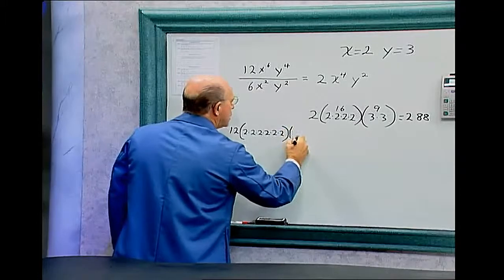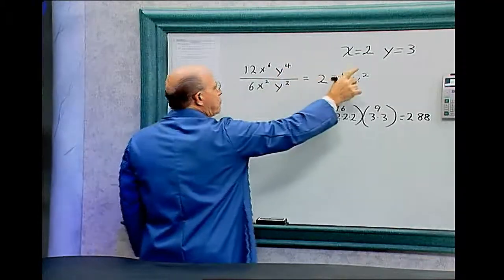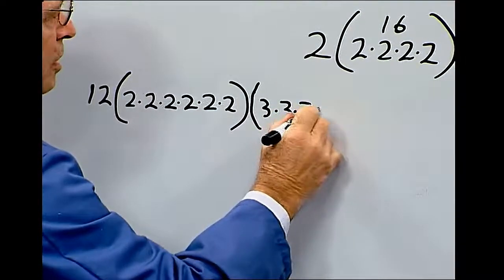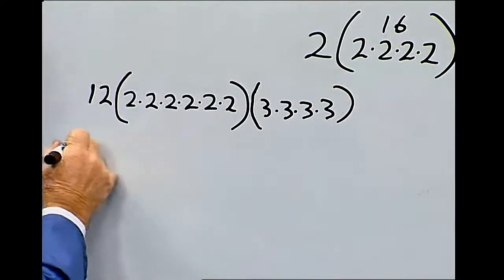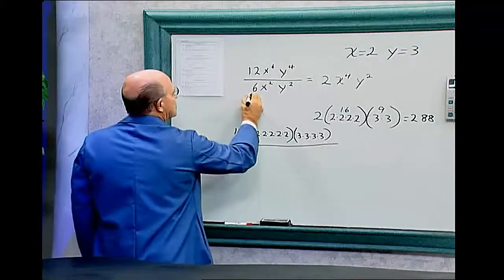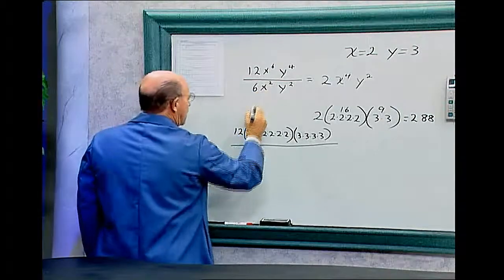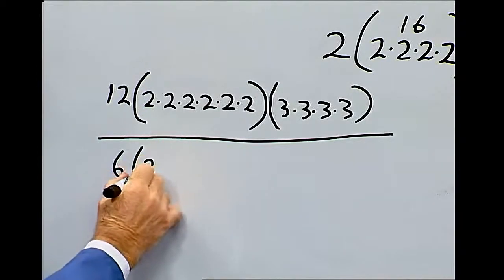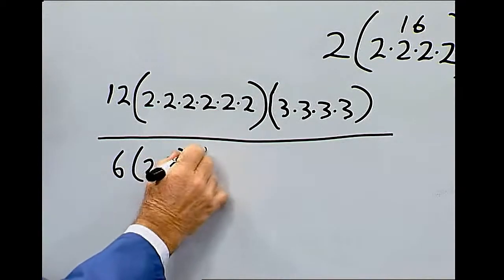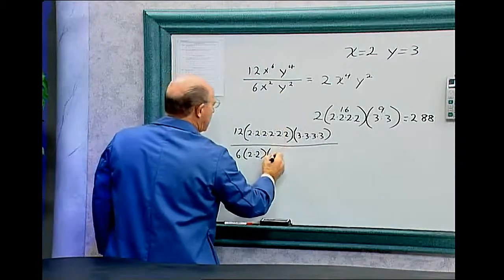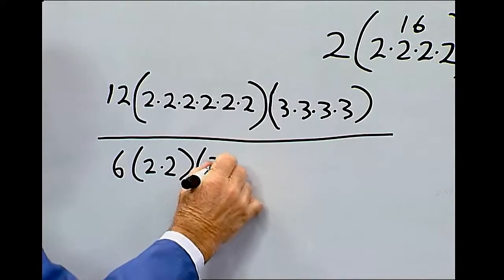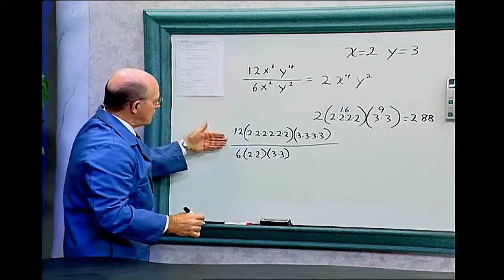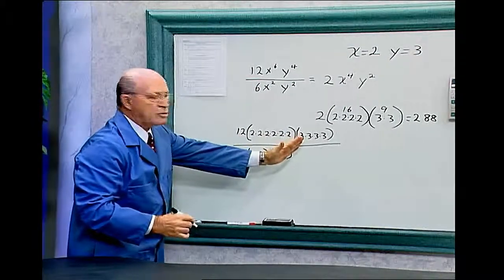And then the y to the fourth power, we're going to put 4 3's in there: 3 times 3 times 3 times 3, divided by 6 times x to the second power, so it's 6 and that's 2 2's, 2 times 2, times y to the second power, so that's 3 multiplied by 3. So now we have the same thing over here, brought out fully here so we can do the math.